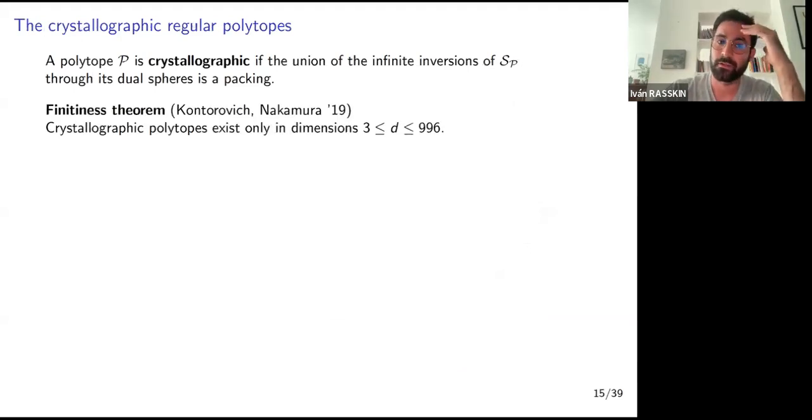For these crystallographic polytopes, we have a theorem of Kontorovich and Nakamura, who introduced the notion of crystallographic sphere packings. Using a result on hyperbolic polytopes, they show that crystallographic polytopes exist only in dimension between 3 and 996.